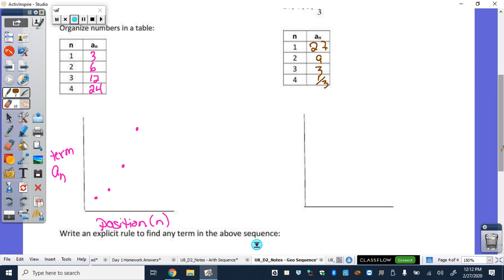This one's a decreasing one. So your term, still your y-axis, your position is still your x-axis. And again, just estimating where our points would be. Because it's a sequence, we don't want to connect those.